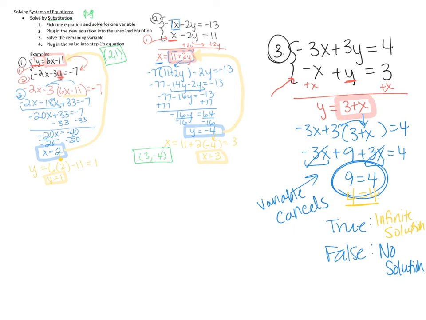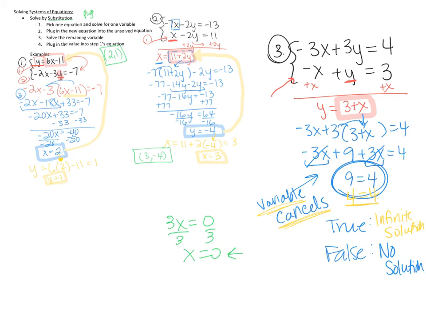So if the variable cancels off when I'm solving, then it's either going to be an infinite solution or no solution, and it depends on if I have a true or a false statement. Now, the most common mistake people will make is they'll end up with, say, 3x equals 0, divide by 3, x is 0. Uh-oh, that must be no solution.